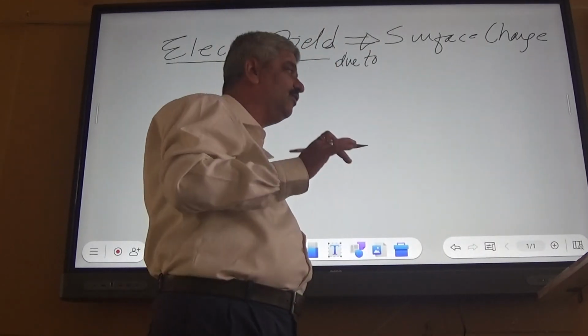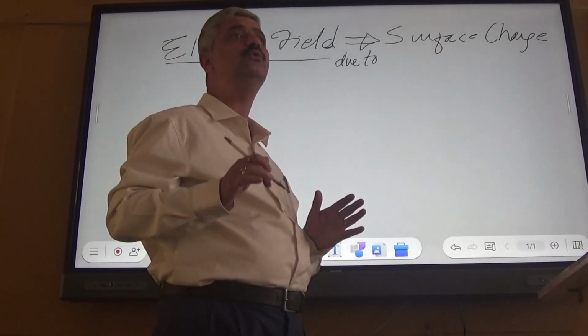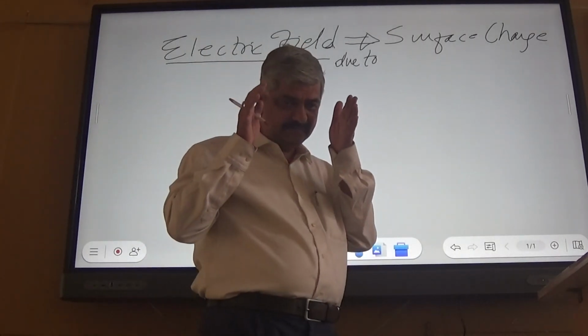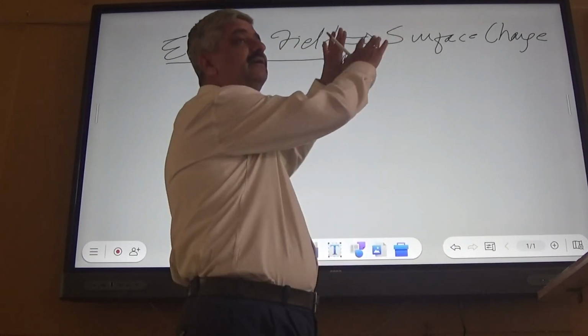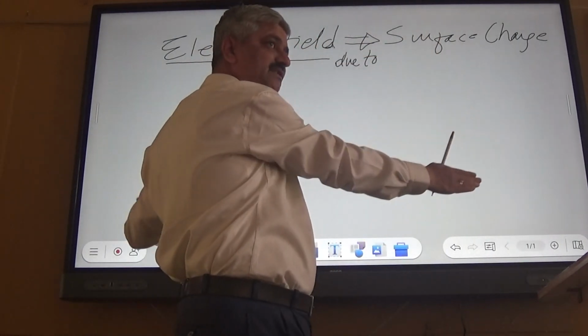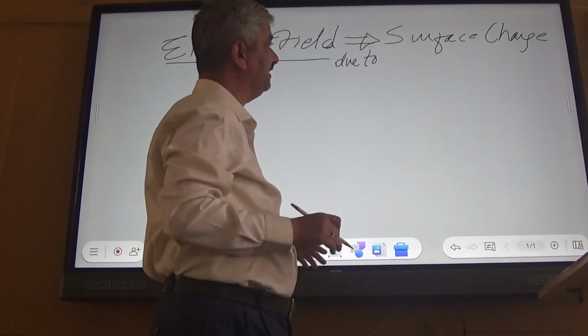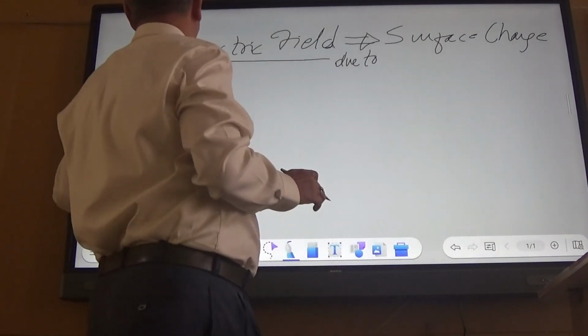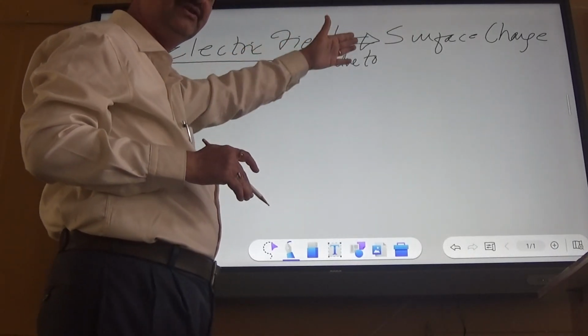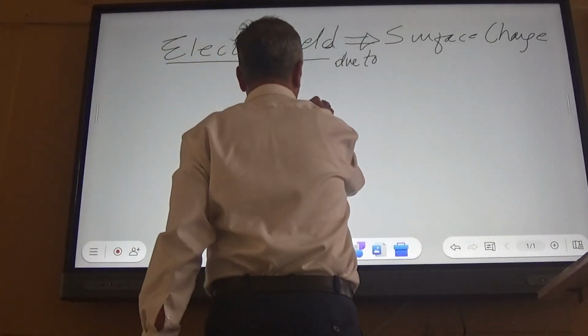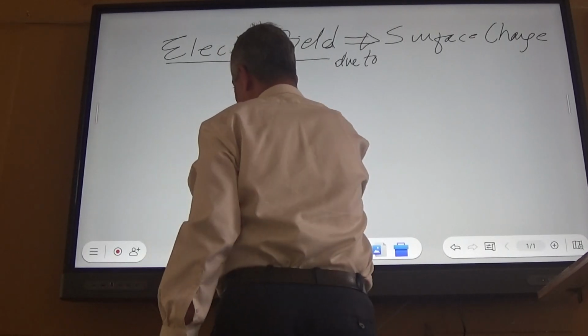But right now we restrict ourselves to surface charge distributed over some surface which is in a plane. So let us consider that this is the whiteboard on which charge is there. This whiteboard has some dimensions. So we consider some smaller section.